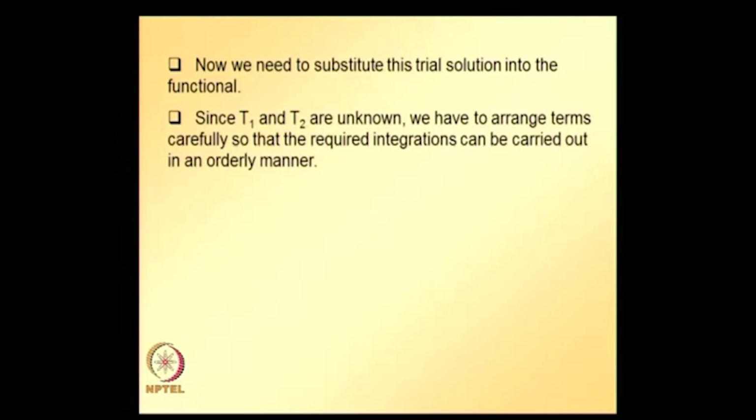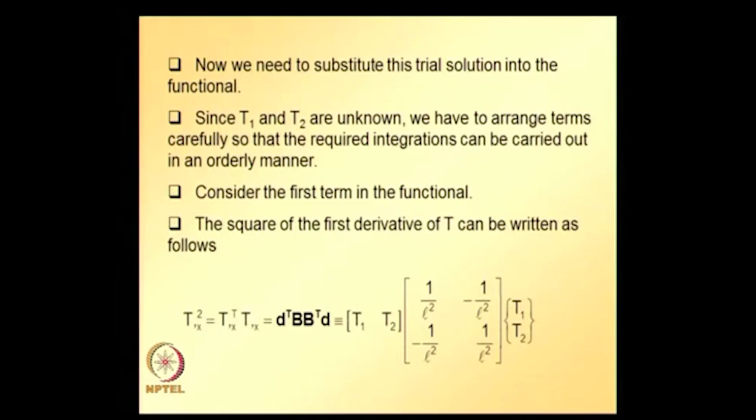So now we will take each term in the equivalent functional. Let us consider the first term in the functional. If you see the first term, the square of the first derivative of T with respect to x is appearing.